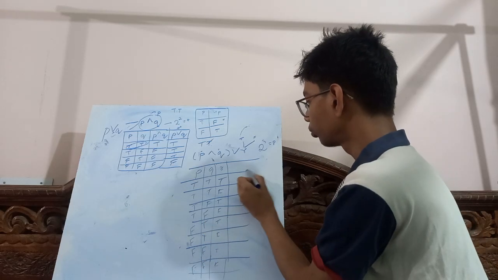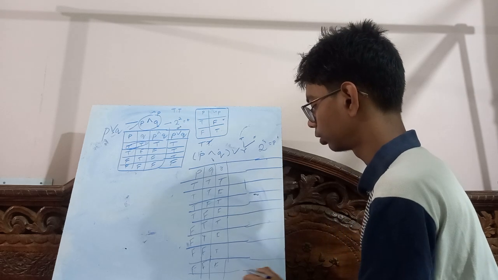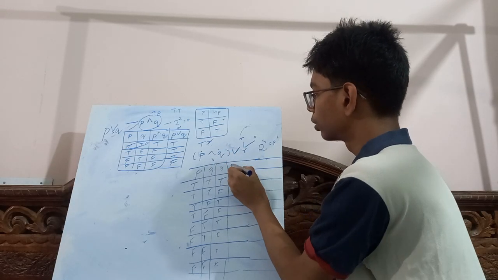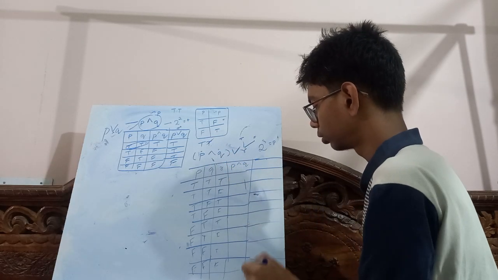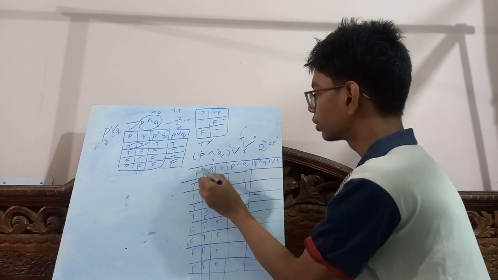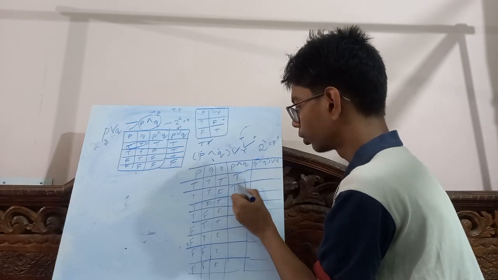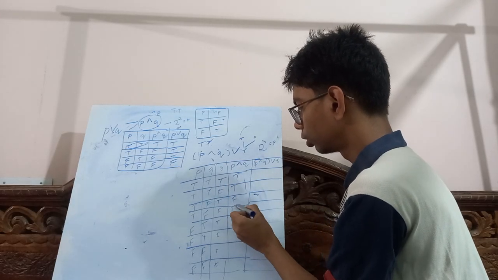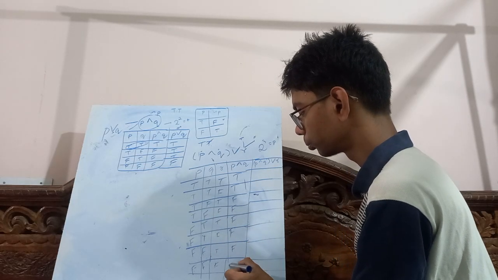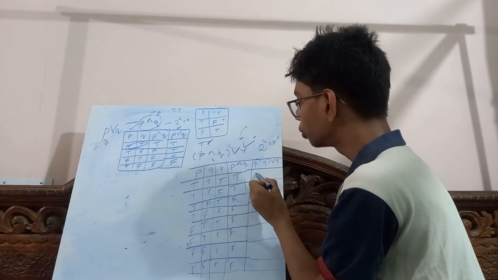And what do I have to get? P and Q whole, or R. So first P and Q, and then P and Q whole or R. This will be AND, so both should be true. If any one is false, I will write false simply. And this whole OR with R, so any one should be true.